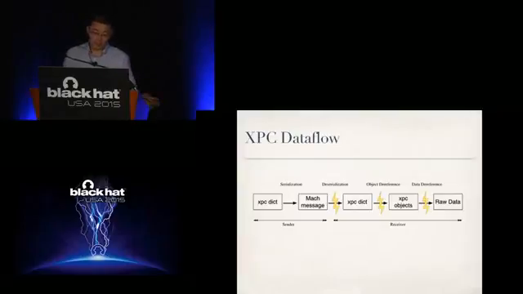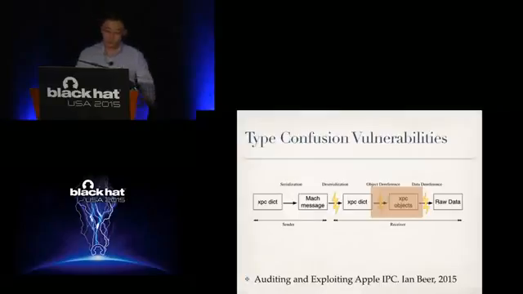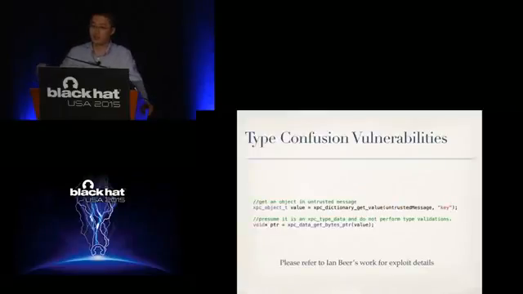Here I have to mention the independent work from Ambionics Research and Google Project Zero. In this work, he found a lot of vulnerabilities in the object dereference part, a lot of type confusions. This piece of code demonstrates the root cause of the type confusion. Basically, the server side receives some untrusted message, and the server side also presumes the type of some member objects in the message.